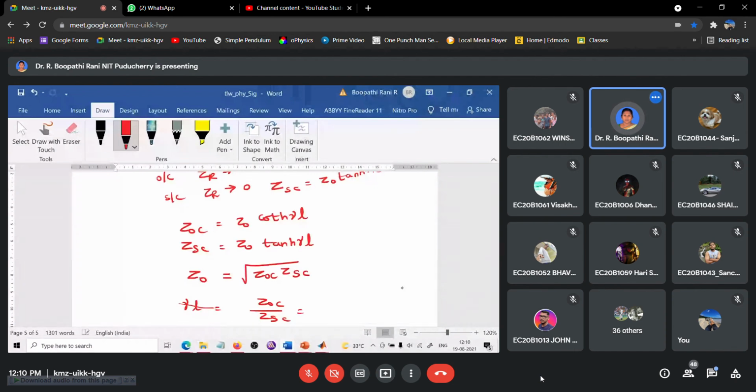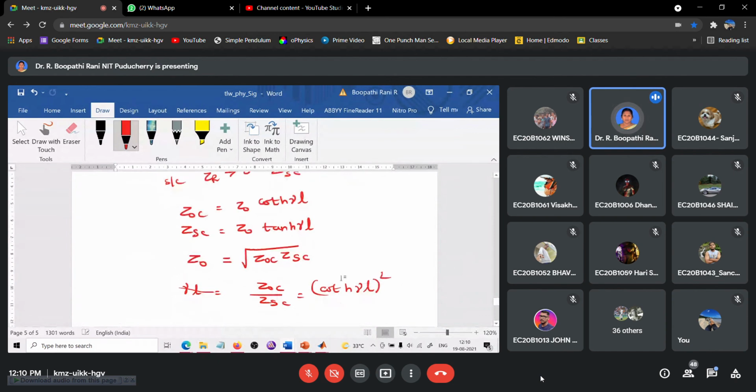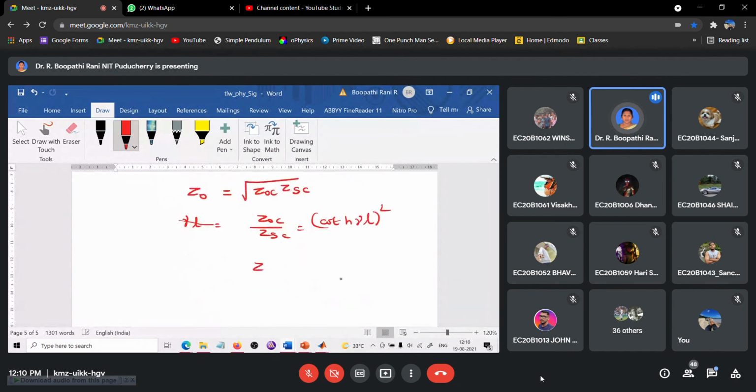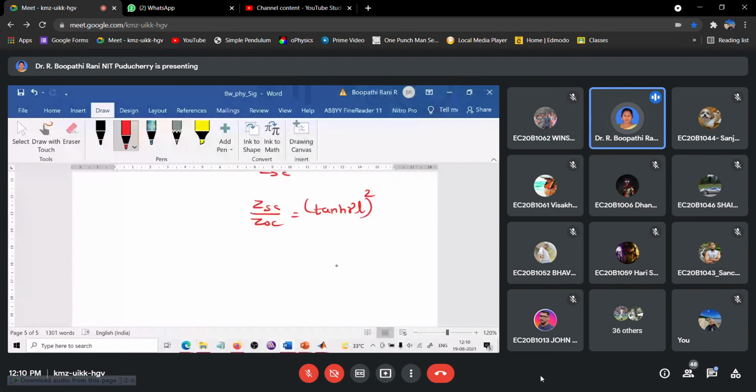Then we get tanh nu L squared, isn't it? Yes, ma'am. Then or it will be ZSC by ZOC. So it is up to us in which way you write. And so nu L can be written as tanh inverse of square root of ZSC by ZOC.